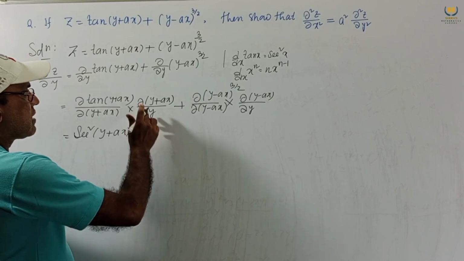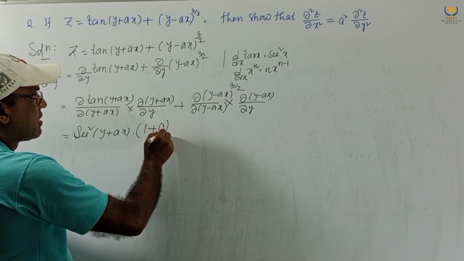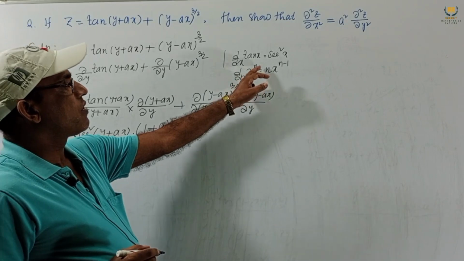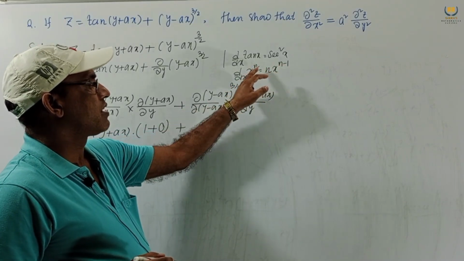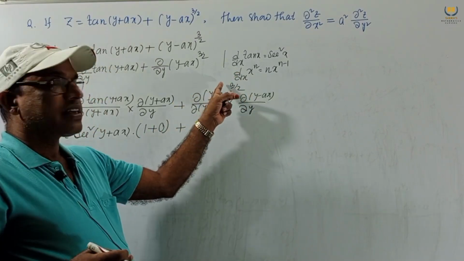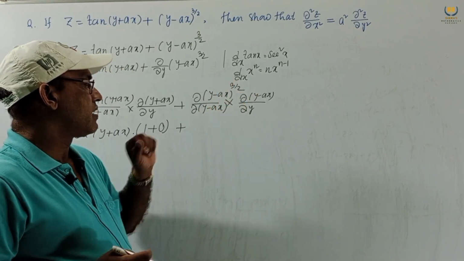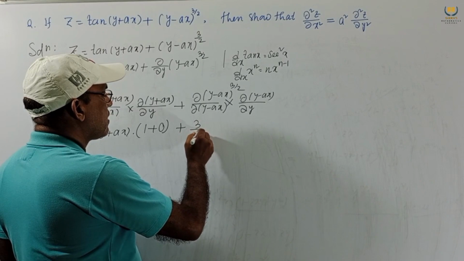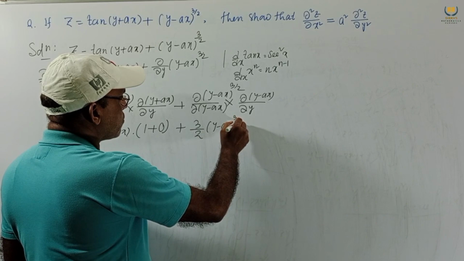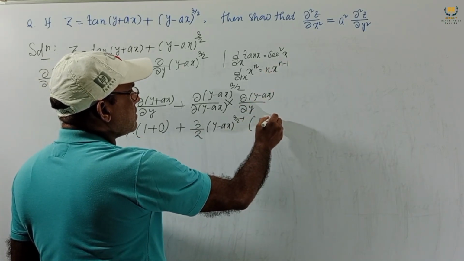And if we differentiate with respect to y, then this is 1 and ax is constant, so 0. And here also we get this formula, x to the power n gives n x to the power n minus 1 if x is the same. So we assume 3 by 2 is n, and this is x to the power 3 by 2. Then we get 3 by 2 (y minus ax) to the power 3 by 2 minus 1, this is the formula n minus 1, and this is 1, this is 0.